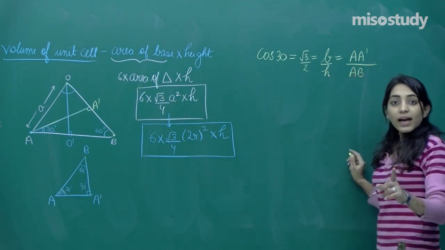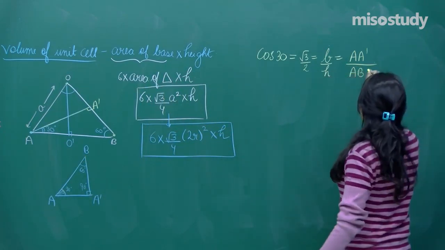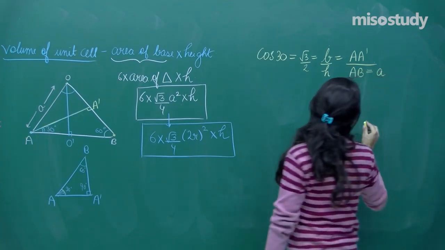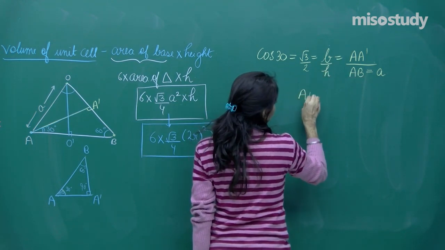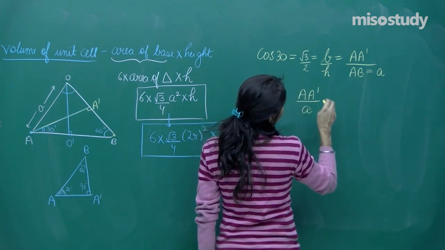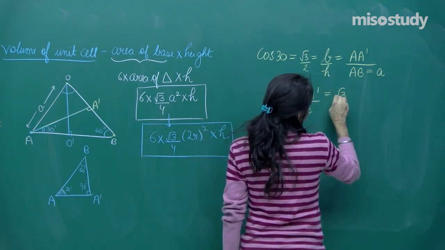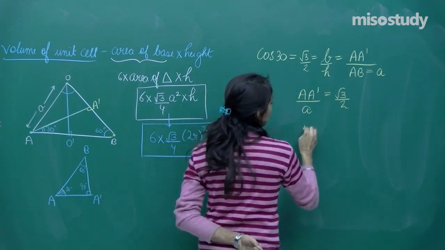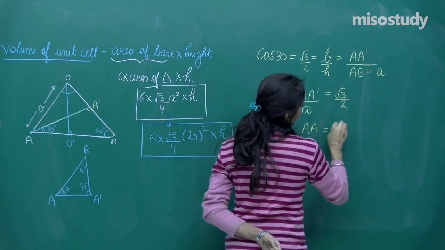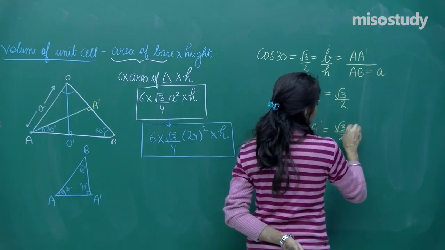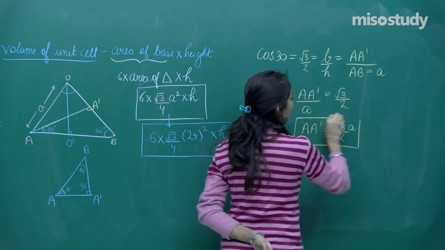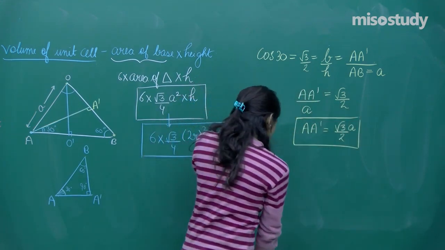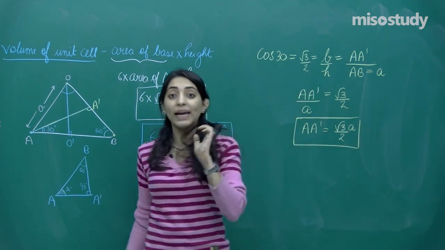Am I right? And guys, what is the value of AB? The value of AB is a, which is the edge length, right? So can I now simply say that AA dash divided by a is equal to root 3 by 2? Also, can I now simply say AA dash is equal to root 3 by 2 times a? Fine. That means I simply got the value of AA dash.